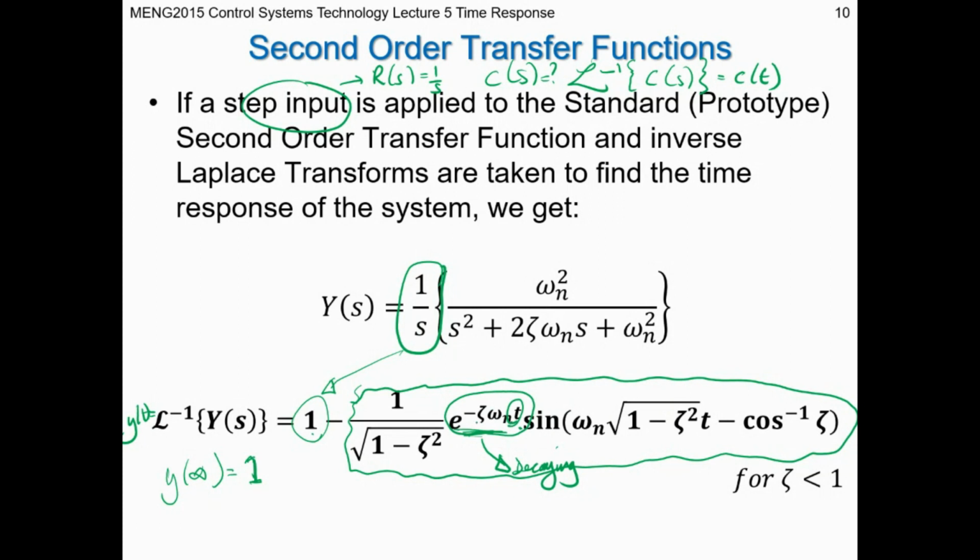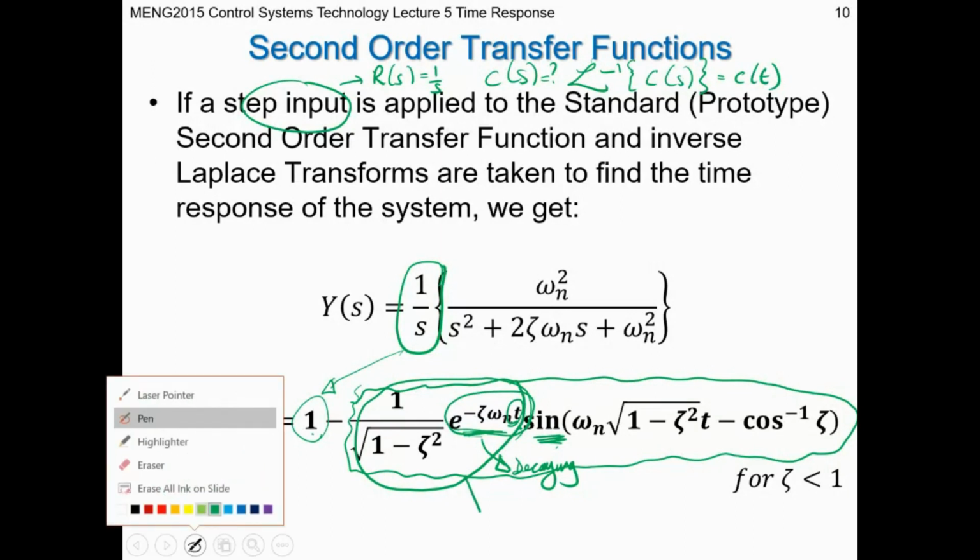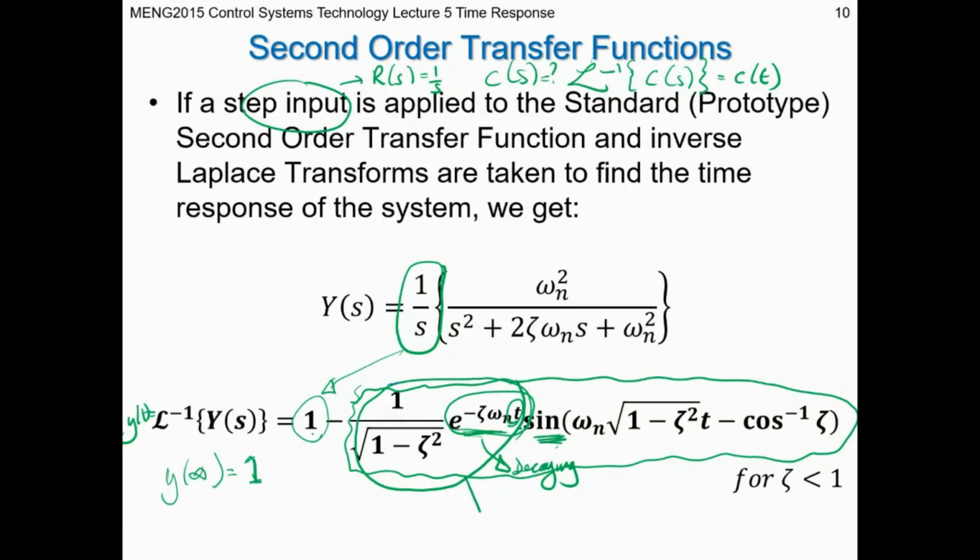But whilst it's in the process of diminishing, you see it behaves as a sinusoid. So it's actually oscillating. And what's going to happen is as time increases, the magnitude of the oscillations decreases, because this is the magnitude of your sinusoid. Let me do it in blue.